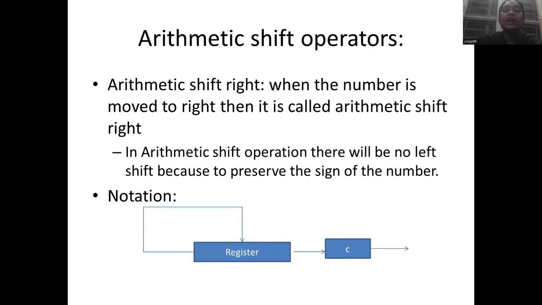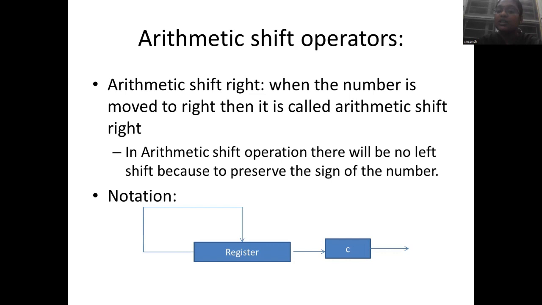In arithmetic shift operators, there is only a single type, that is arithmetic shift right. When the number is moved to the right, it is called arithmetic shift right. Let us see why we don't have arithmetic shift left. When we perform the shift operation on numbers, if it is moved towards the left, then the sign of the number will be changed.